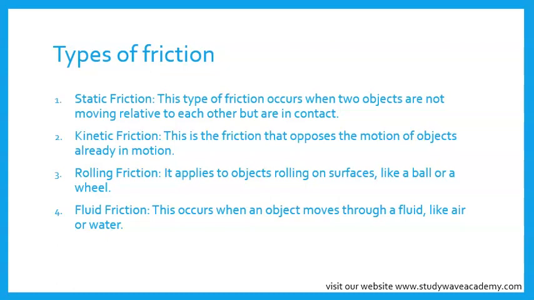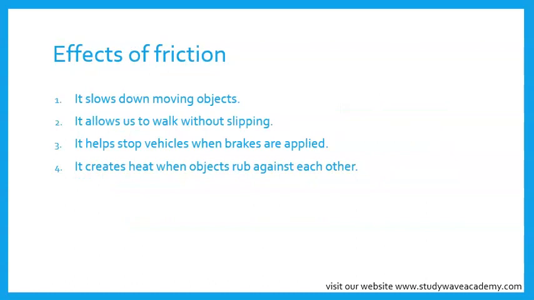Good. So now we are going to be looking at the effects of friction. It slows down moving objects. Friction is the force that opposes motion, so it's responsible for slowing down moving objects.